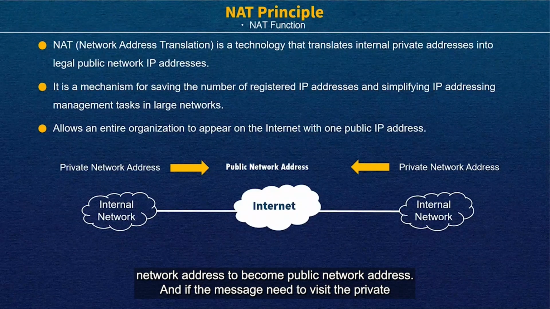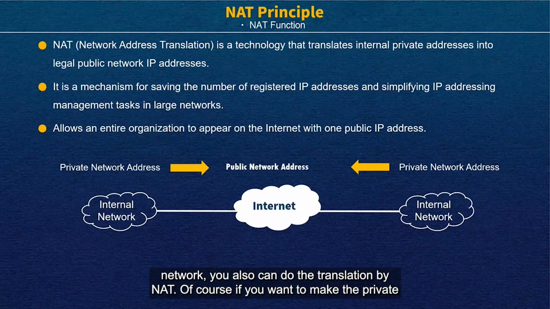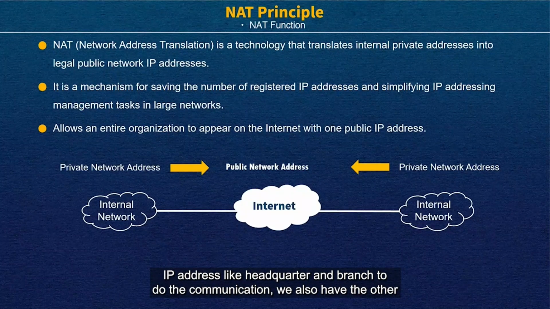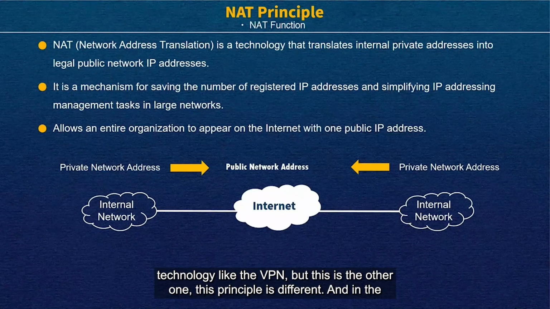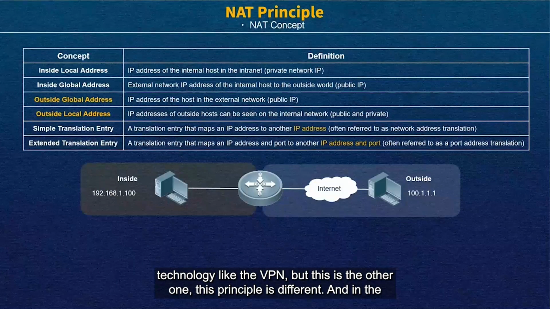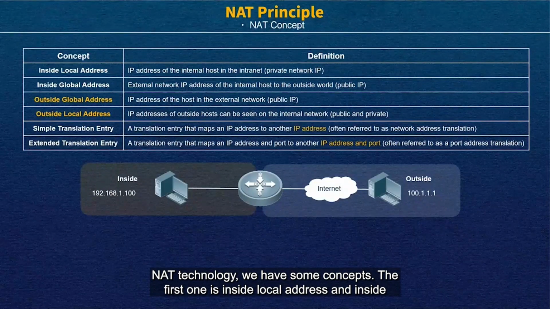And if the message needs to come back to the private network, you also can do the translation. Of course, if you want to make the private networks like headquarters and branch communicate, we also have other technology like the VPN, but the principle is different.